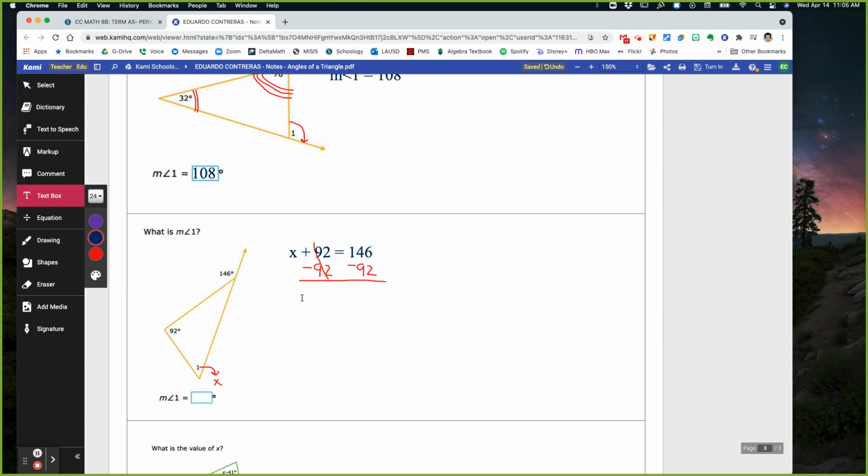And bring this down. You get x equals whatever 146 minus 92 is. How much is that? What's 146 minus 92? Help me out. Meet me halfway here. 54.